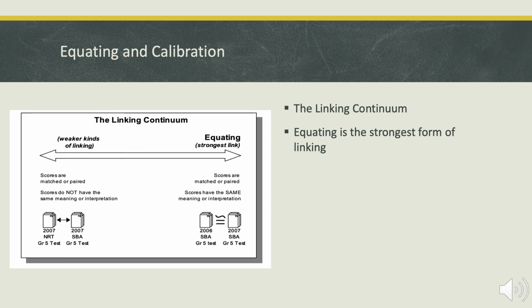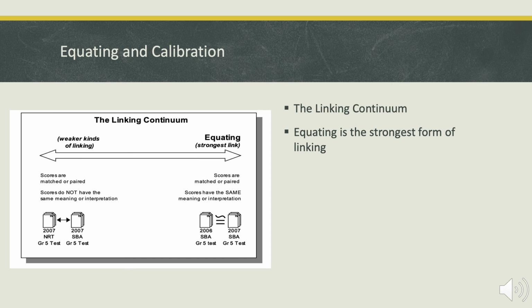We're going to dive into what equating is in a minute, but first I want to talk about linking. Linking is the practice of pairing or matching scores on two test forms with no strong claim that the paired scores have the same substantive meaning. This definition is from A Practitioner's Introduction to Equating.